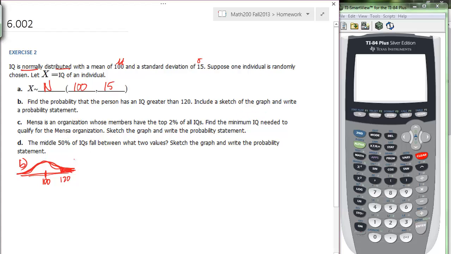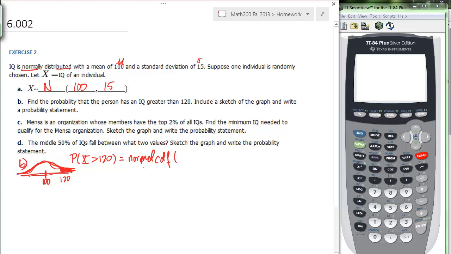The probability statement that would need to be written would look like this. This is the probability that your random variable is greater than 120. And it would also be good to actually write down the calculator command. So for this, we will call on our calculator command normal CDF.